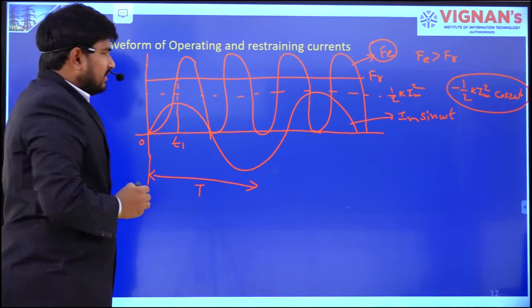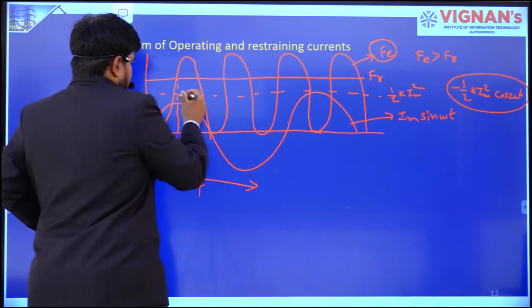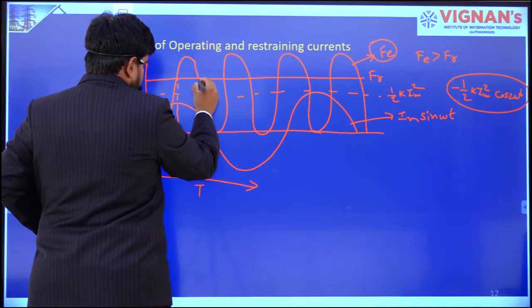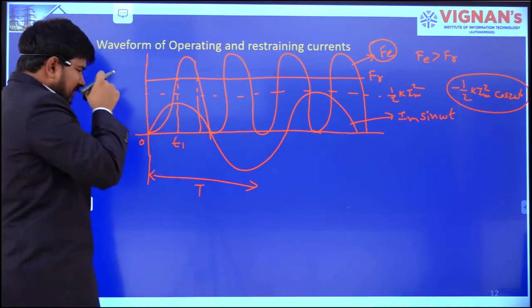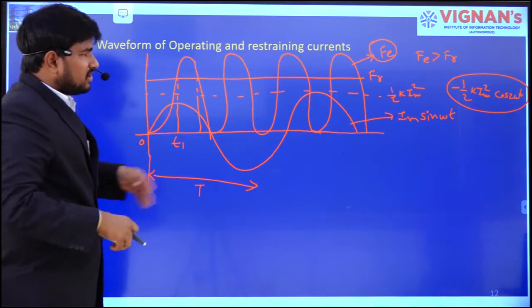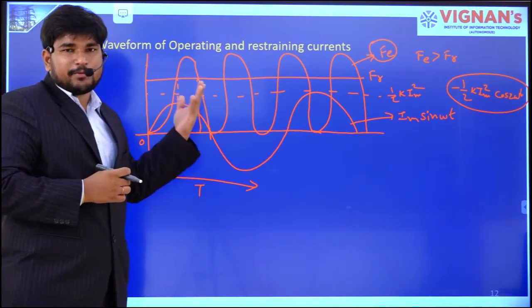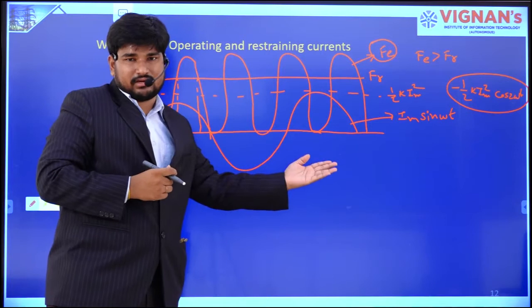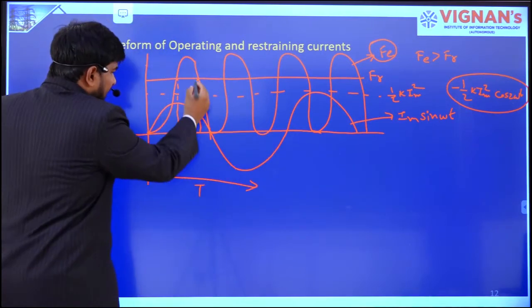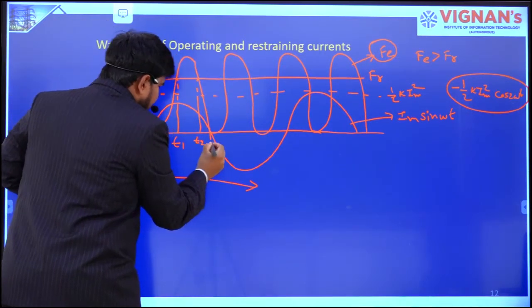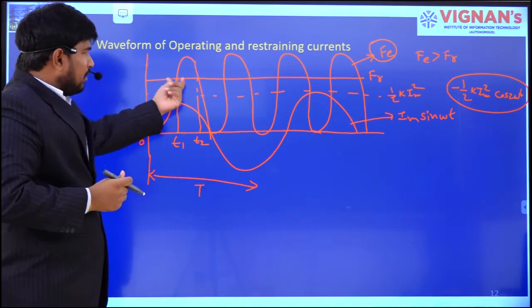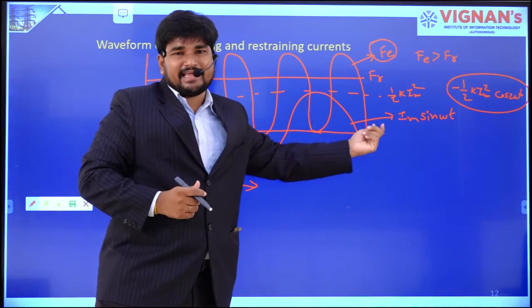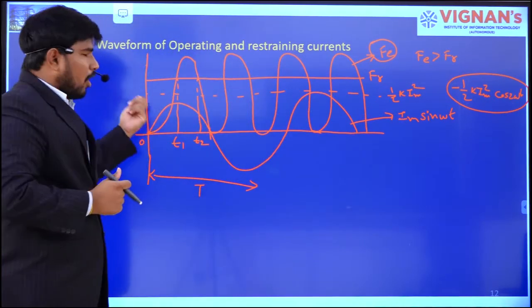So in between 0 to t1 there is no production of torque, and the relay will not work. But in between time t1 and time t2, only when Fe is greater than Fr, the relay will operate.